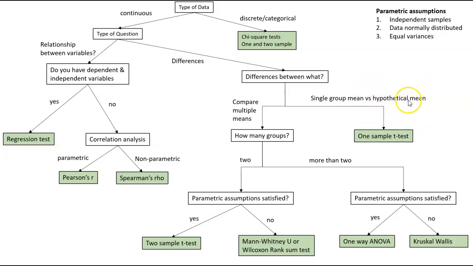So the hypothetical mean would be the average for the whole population, but my single sample group, are they different from this hypothetical? So I do a 1 sample t-test, I provide the group's data, and I provide the hypothetical mean, and I compare these to each other and see if my group is likely to be taller than this hypothetical mean.